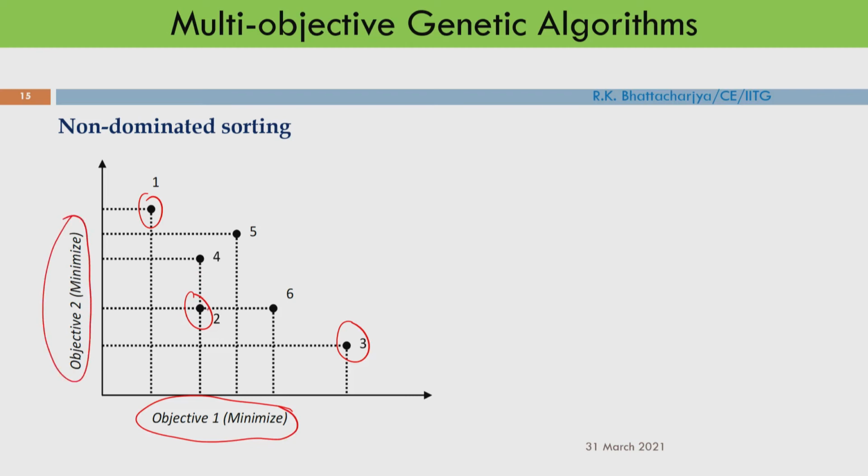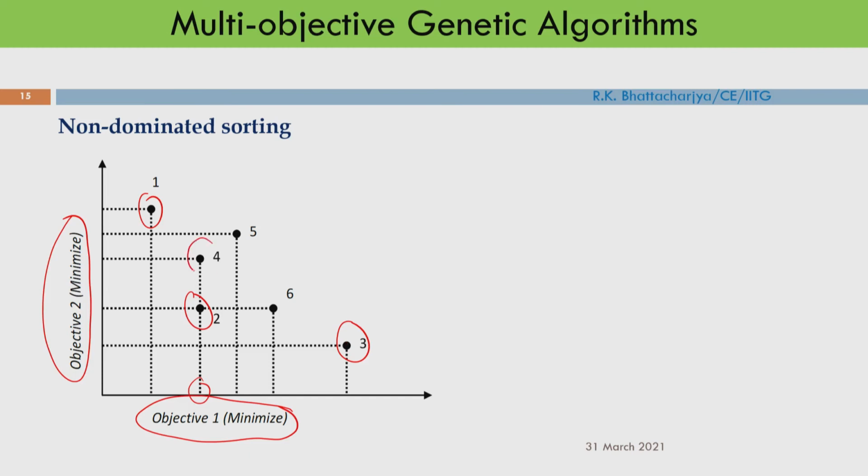Similarly, solution 2 is better in objective 2, but not better in objective 1. So, these two solutions are non-dominated solutions by the definition we have given in the previous slide. Similarly, if I compare solution 2 and 3, both are non-dominated solutions.